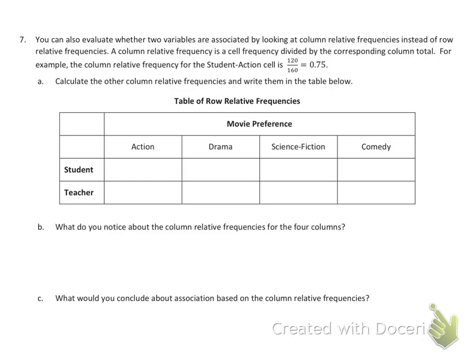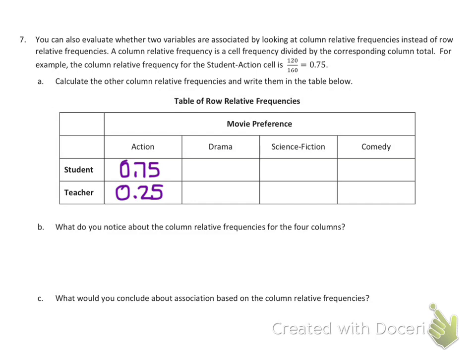So we could calculate the column relative frequency. So we've got 0.75, 75%, and here 0.25. 25% of the people who said they liked action were teachers, and 75% were students. So let's go ahead and do that for all of the columns.